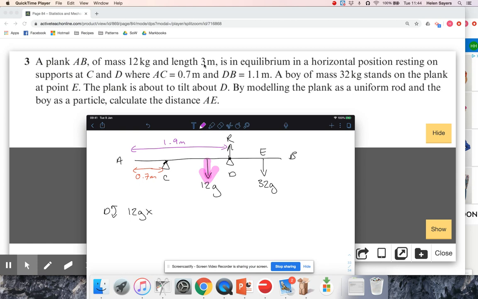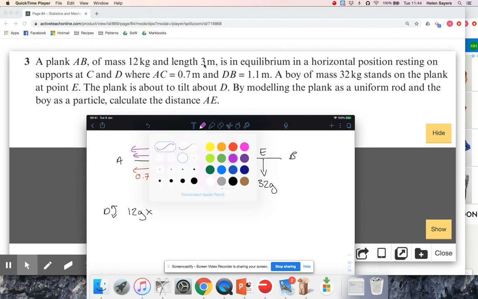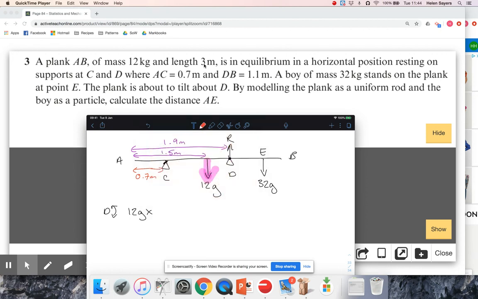I also know that because it's a uniform rod, the center of mass is 1.5 meters from A. So the distance I actually want, that distance there, must be 0.4. So that's a force of 12g multiplied by a distance of 0.4.